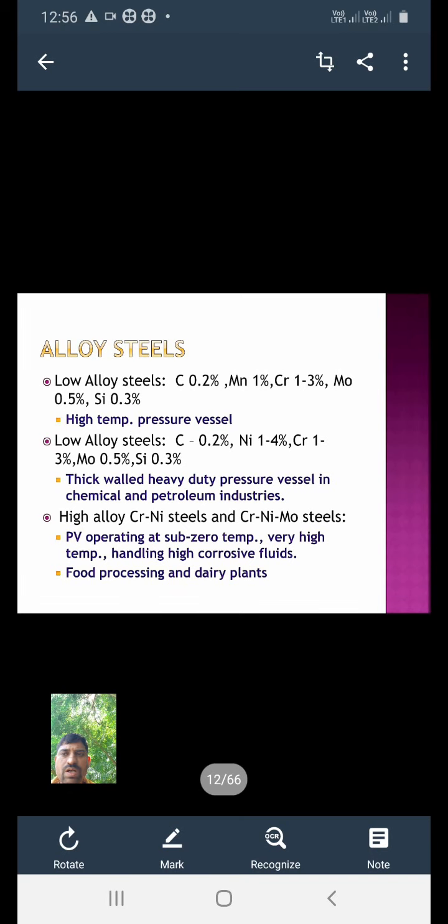This type of material is used where we get high temperature and high pressure. For high temperature pressure vessels, we are using alloy steel.